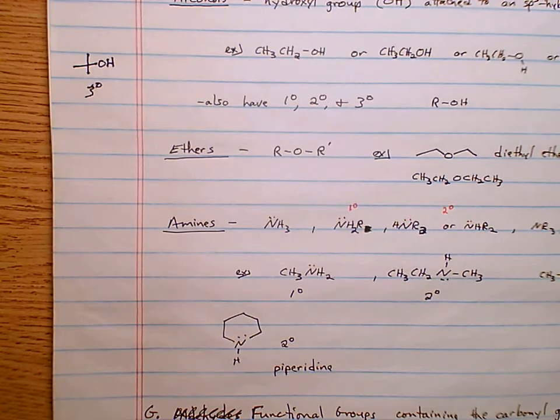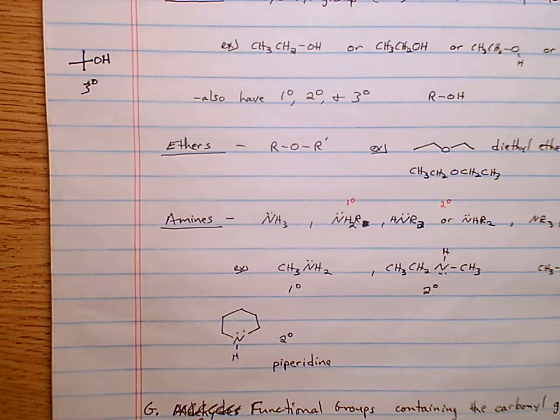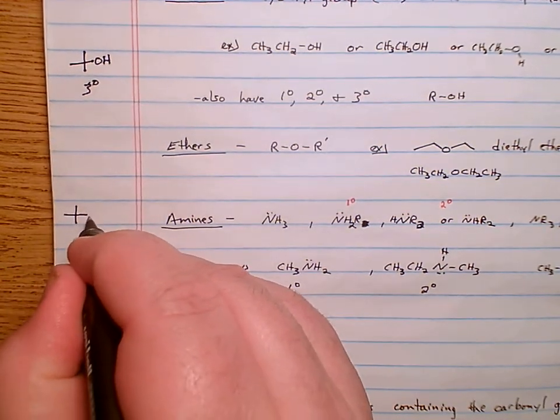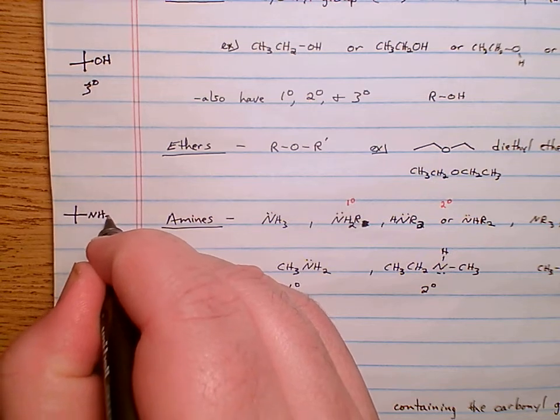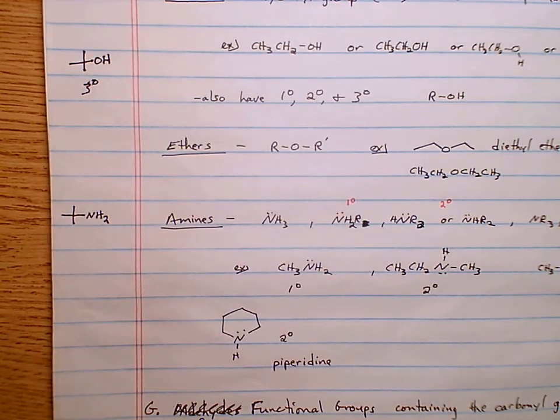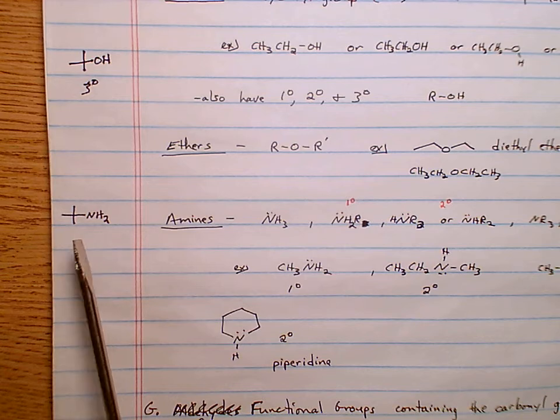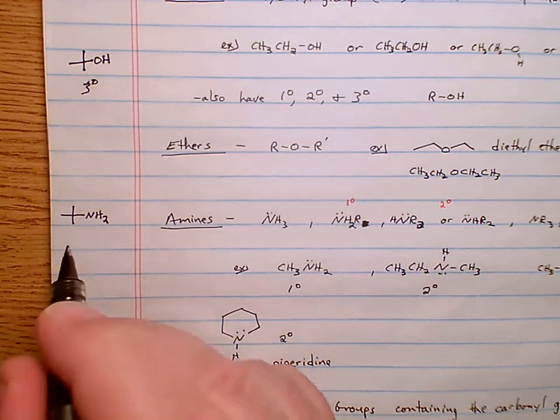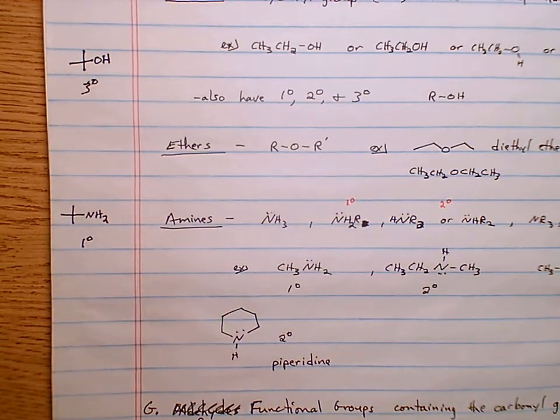But amines follow different rules. With amines, you look at the nitrogen. Is this a primary, secondary, or tertiary amine? This is a primary amine. Note, it looks the same.